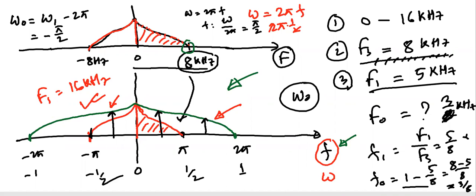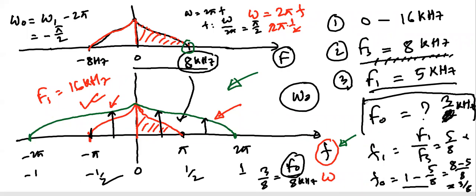Now this 3 by 8 is f0, which is capital F0 divided by Fs, equal to 8 kilohertz. So now we can find conveniently that F0 is equal to 3 kilohertz.